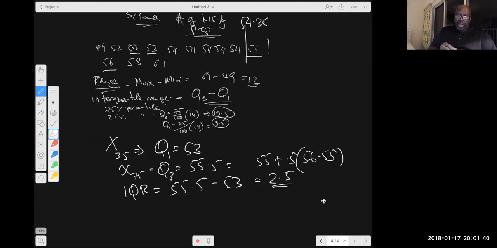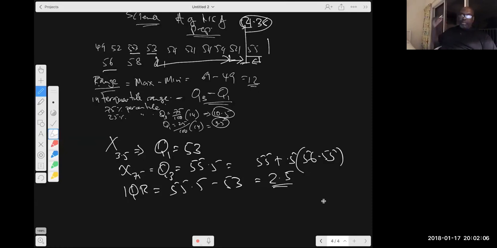It would be good to measure how far everything else is from the average. How far is this 54 from the average? How far is this 53? How far is this 55? The 61 and so on. If I could get a measure of the average distance from the mean, that is a measure of variability.